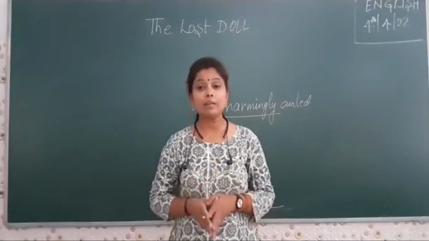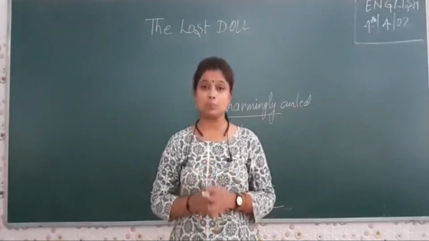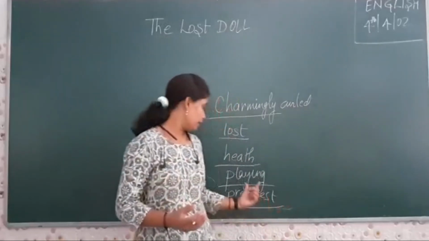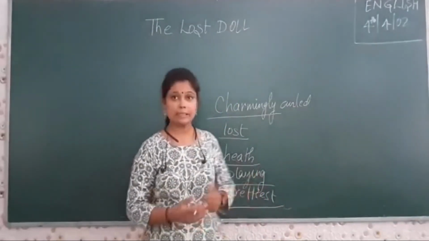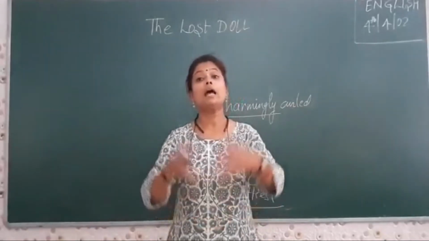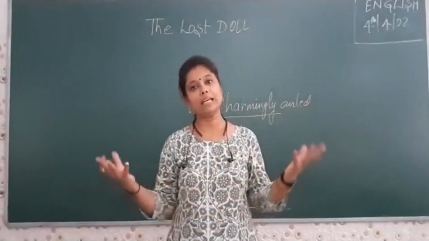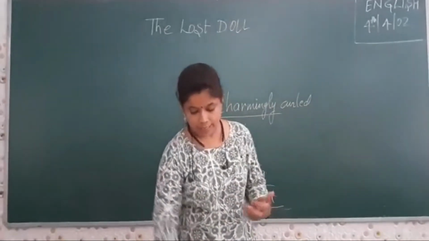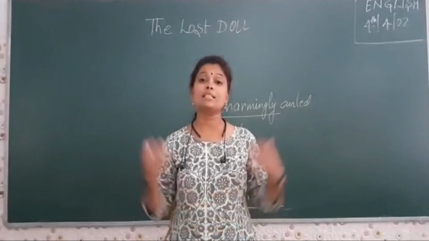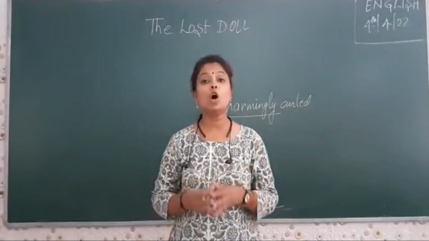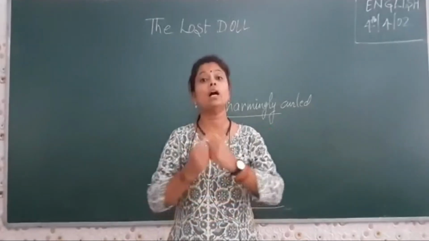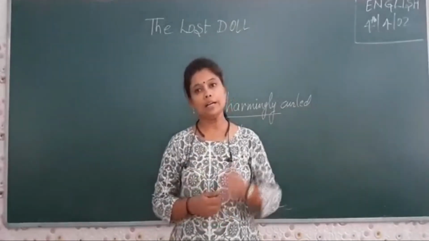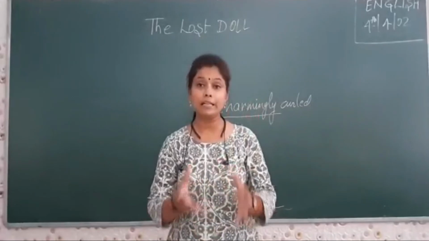The girl was playing with her doll in the heath. Is that clear to you? What do you mean by heath? An open area. Anybody can come and go. Next, what had happened to the doll's arm? The doll's arm had been torn away by the cow. So, I think all three answers are clear to you.